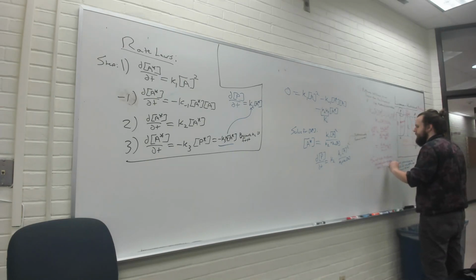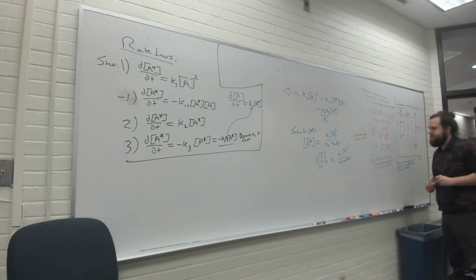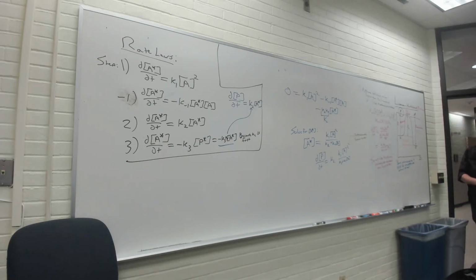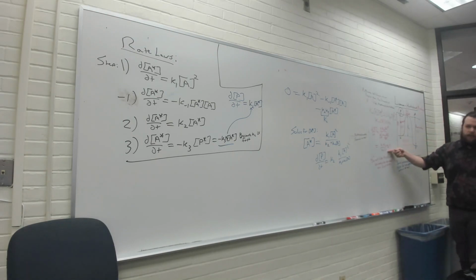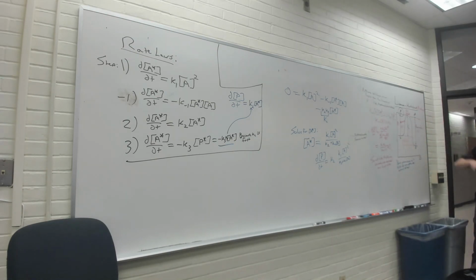Exactly what we would expect. The idea is that the system's always colliding, so the collisions don't matter. They're not the rate limiting step anymore, because they're always happening. So the rate limiting step is just the conversion of A to P. So therefore, you get first order kinetics. So the system looks more like what we would expect, that the molecule magically converts to P, and its kinetics are proportional to that.